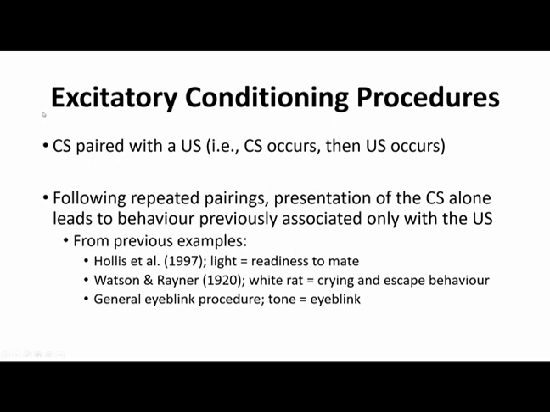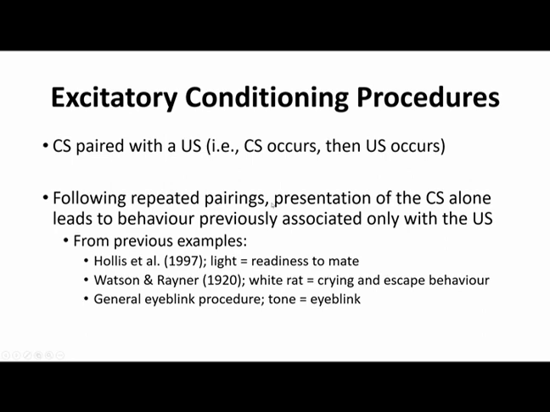So like I said, excitatory conditioning is focusing on a conditioned stimulus paired with an unconditioned stimulus. Basically, our conditioned stimulus is going to occur, and then the unconditioned stimulus occurs at some point, either after or during. We're going to talk about that. But it's kind of like our tone plays and then dogs get food. And so with this setup, organisms are learning some kind of association between our conditioned stimulus and unconditioned stimulus.